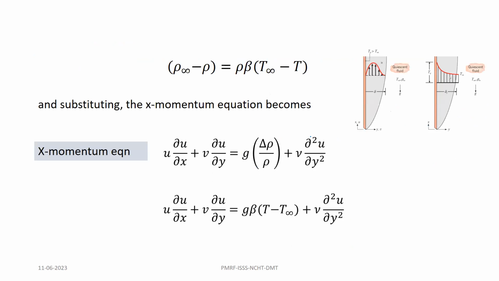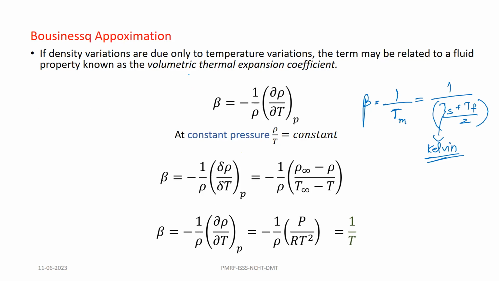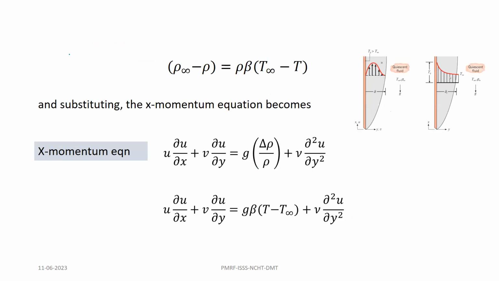From the previous relation, we know that beta equals rho infinity by rho divided by T infinity minus T, into 1 by rho. So substituting it back, we can see rho infinity minus rho equals rho beta into T infinity minus T. Now density is removed and we are inserting temperature into the x momentum equation.